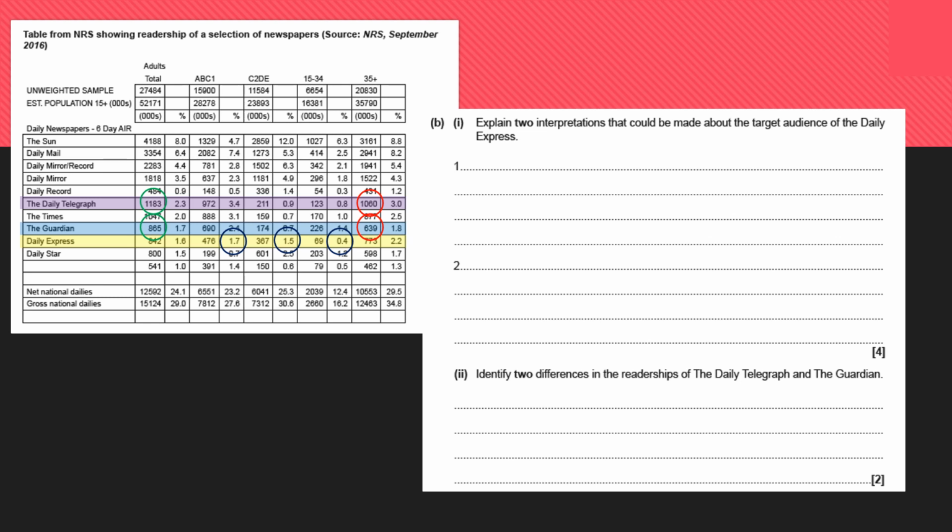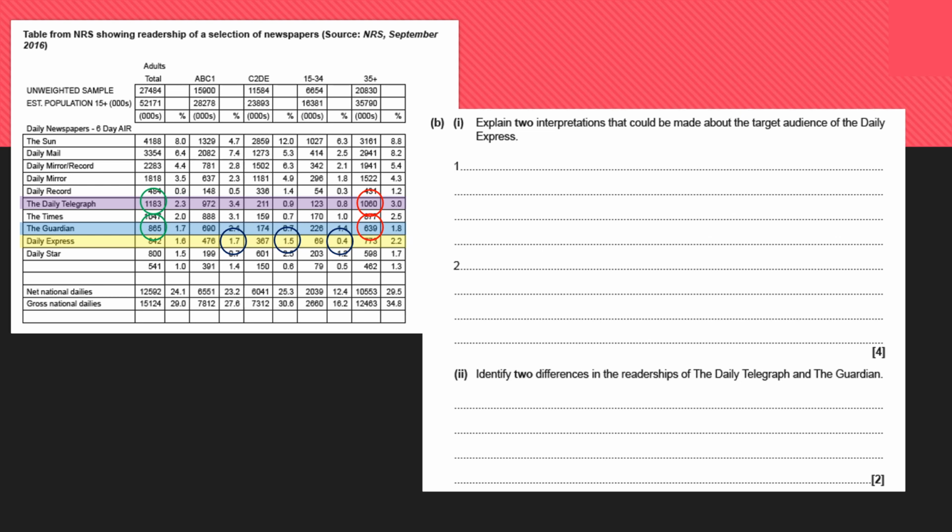So one, I would say that the Daily Telegraph has a much older audience because it's 3% compared to 0.8% for over 35s. However, the Guardian is fairly balanced, 1.4 to 1.8, so there's another difference.